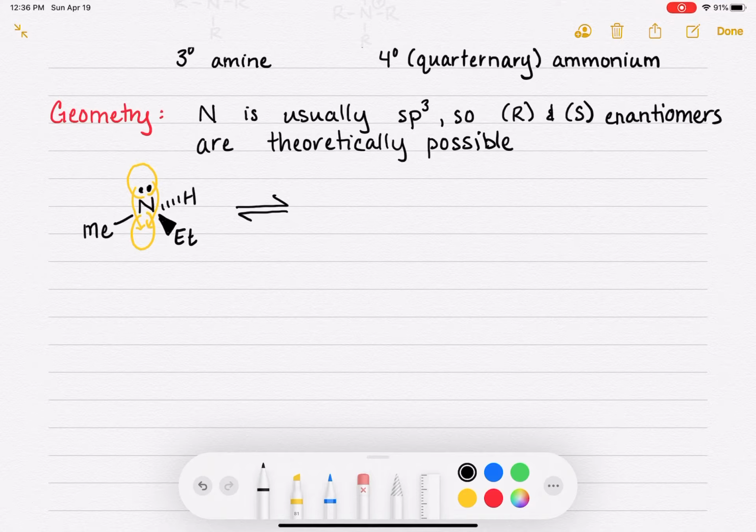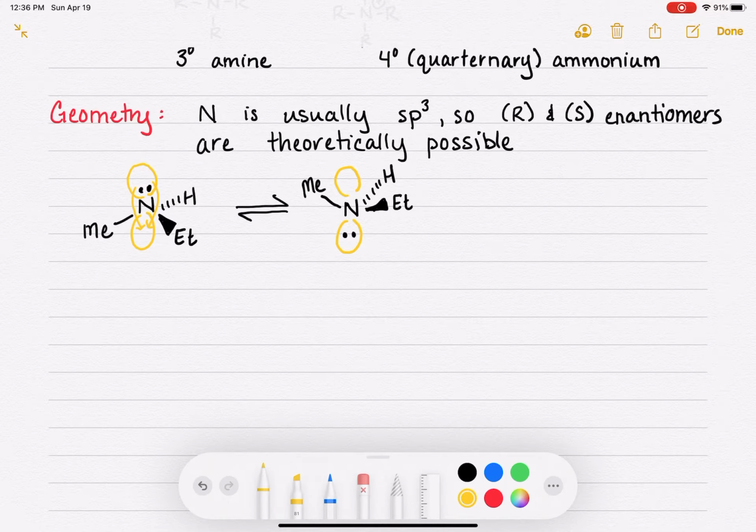So when the lone pair of electrons moves from, I'm going to redraw the orbitals first, when the lone pair of electrons moves from that top lobe down to the bottom lobe, this causes the substituents that are on the nitrogen to be inverted, exactly the same way we would see inversion in an SN2 reaction. So the stereochemistry just flips as the nitrogen moves, and it's moving back and forth constantly.